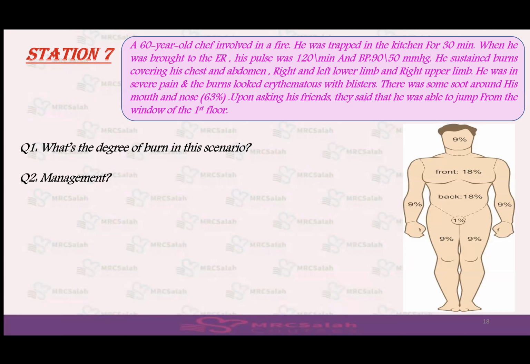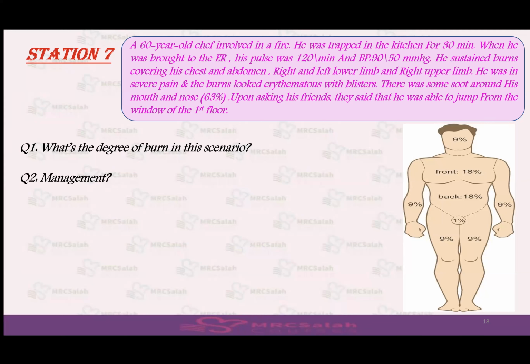Not the air entry for him, or the expansion, from the beginning you will look for the burn itself. If it is full thickness circumferential, then you need to do escharotomy, as you mentioned. Excellent. Continue. C, circulation: I will put 2 large bore cannulas, and fluid resuscitation.